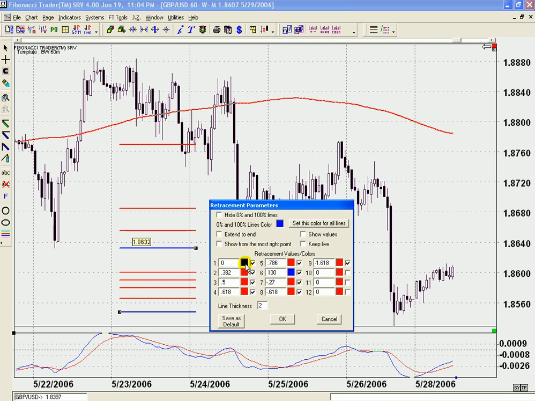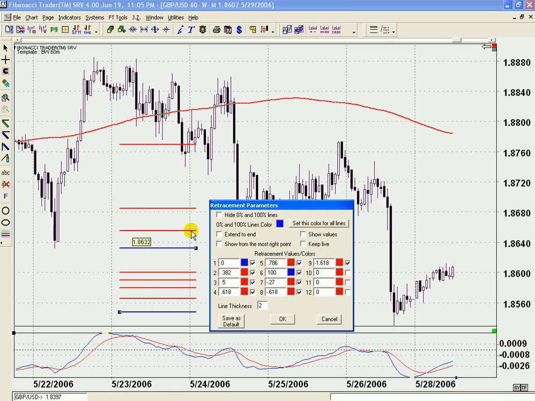We have 0. This is 0. 0.382, which is the 38% retracement. 0.50, which is the 50%. 0.618, which is the 62% retracement level. 0.786, which is the 79% retracement level. And 100, which is the 100% retracement level.